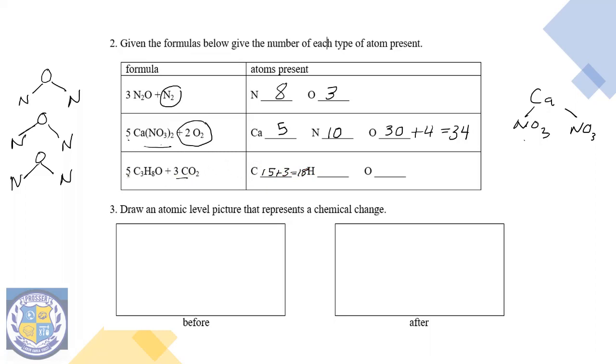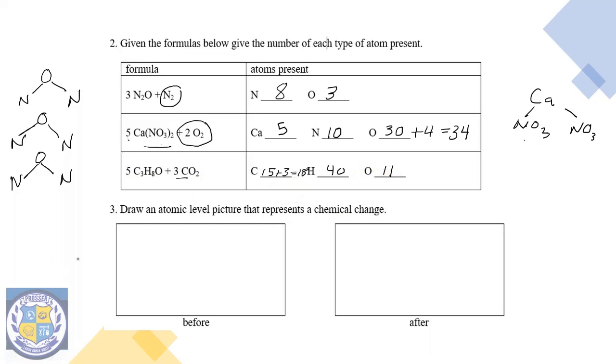Okay, for the hydrogen, 5 times 8. 5 times 8, that's 40. And that's all the hydrogens there are. For the oxygens, 5 times 1, there's only 1 oxygen in each of these molecules, that's 5, plus 3 times 2, that's 6. So 5 plus 6 is 11 oxygens.